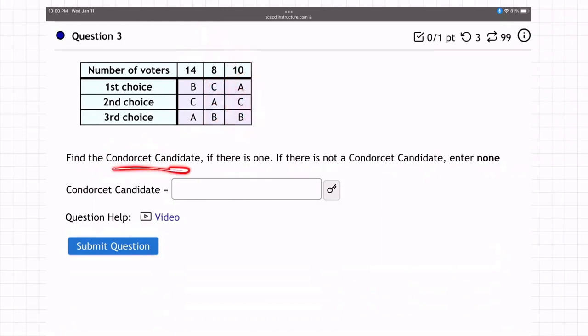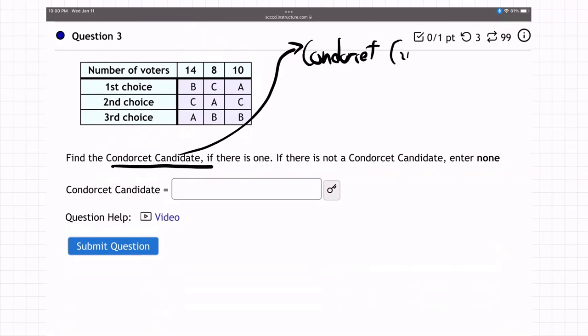Okay. What's a Condorcet candidate? Let me bring that up here and explain. Condorcet candidate. Candidate. Well, one thing that might help you. So look on the notes I gave. Here's the notes.